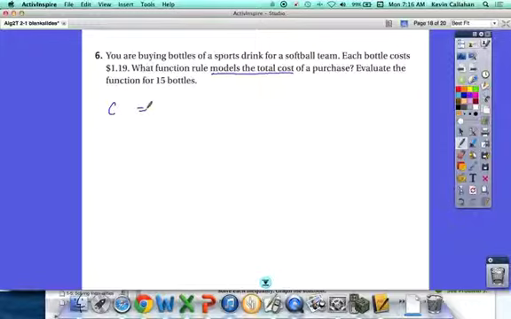What does our total cost depend on? It's going to depend on how many bottles that you buy, right? The more bottles you buy, the more your total cost. So we need a variable that represents that. Right? C is total cost. B is the number of bottles.